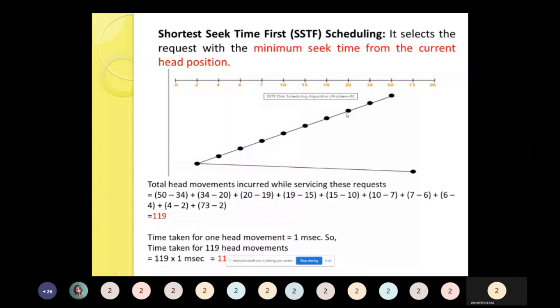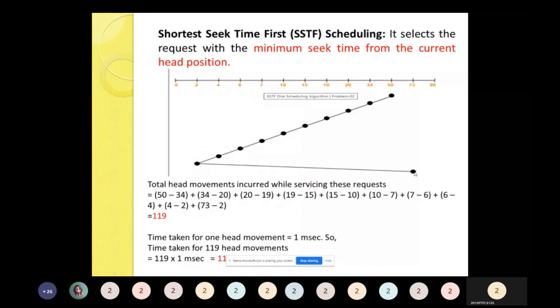The 73 and 99 are very large numbers compared to 50, so the direction moves to the left: 34, 20, after it 19, 15, next 10, 7, 6, and 4, next 2. After serving all the requests on the left side, it will move to the right side, so it will serve 73.